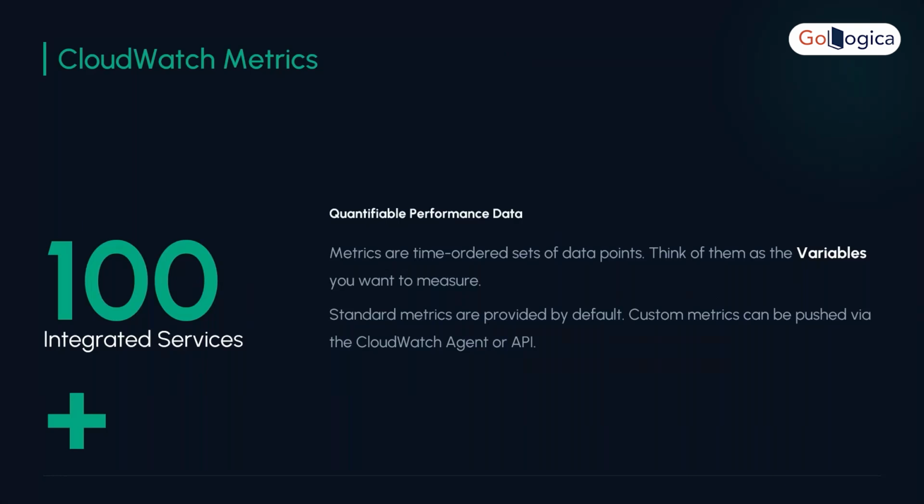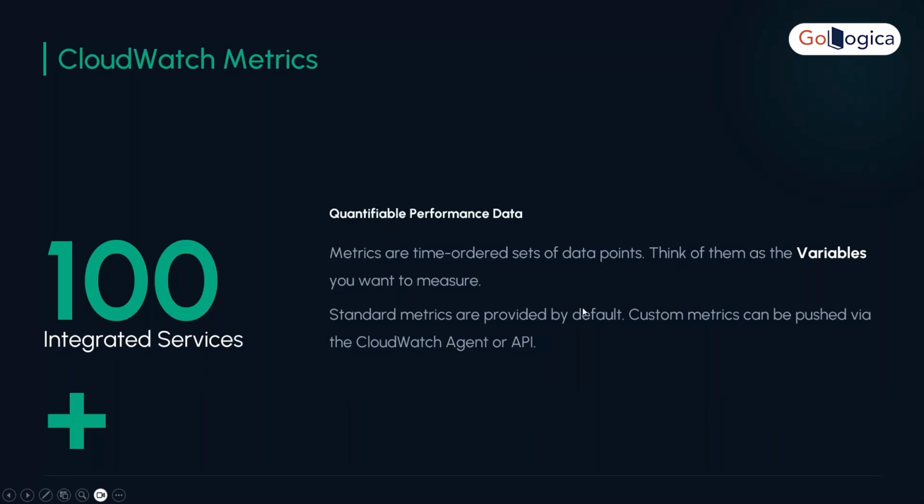Now, quantifiable performance data metrics are a time-ordered set of data points. Think of them as the variables you want to measure. It will automatically create them at a frequency, as we were talking about: every second, every minute, every 5 minutes, every 15 minutes. So these are timely; there is a frequency at which you receive the data from the agent.